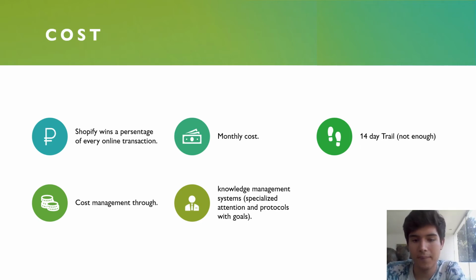Finally, what I think would be better is to create a knowledge management system with specialized protocols and goals, so that the costs can feed different profiles and actually push businesses to work.